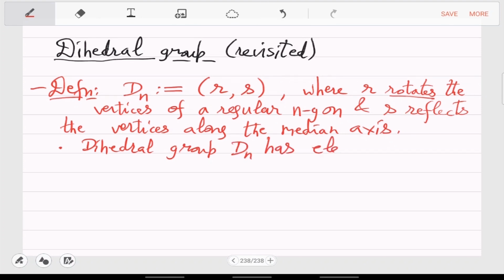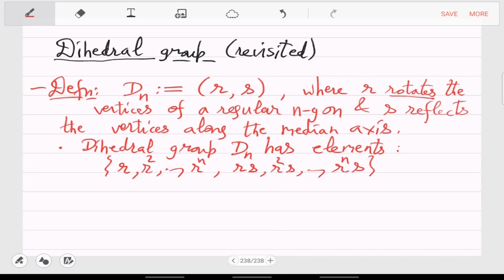So the elements look like this. It's basically, so you have r square, r to the n, and you have reflection on top. So these are the symmetries of an n-gon.